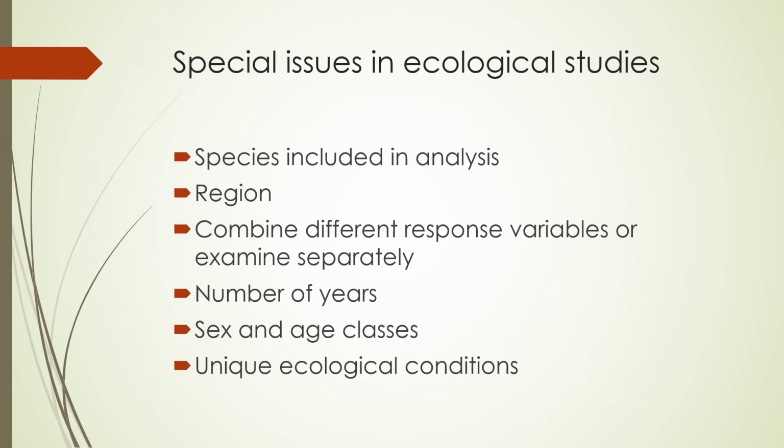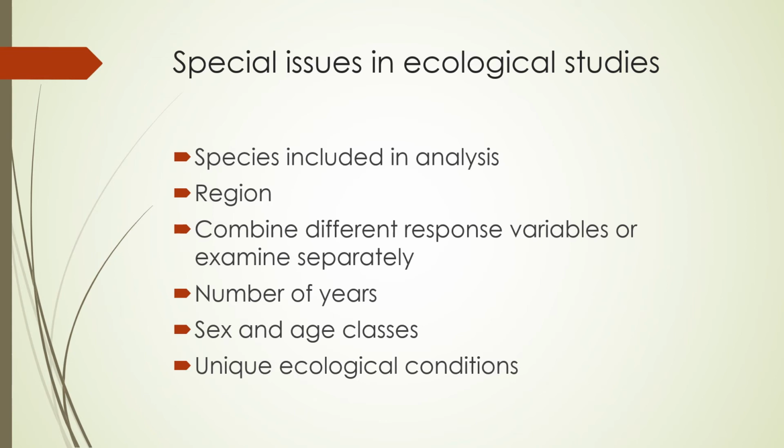We also tend to measure a whole bunch of different response variables, as we talked about. It could be survival, it could be abundance, it could be brood size, it could be condition, length to weight ratio in fish, for instance, could all be some measure of response to a treatment that we're looking at, whether it be fire, whether it be some habitat manipulation that we're doing, or whatever. So the question then becomes, do you combine all those variables and say, let's just look at sort of a yes-no meta-analysis?